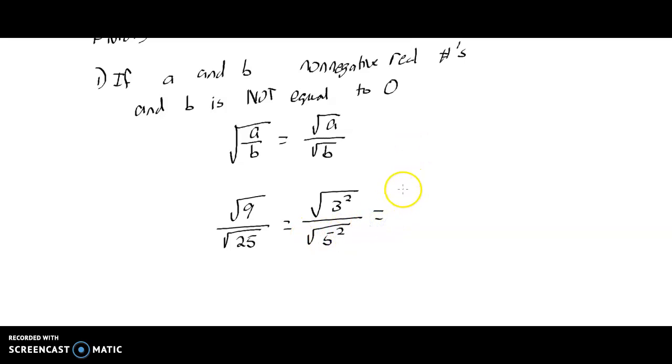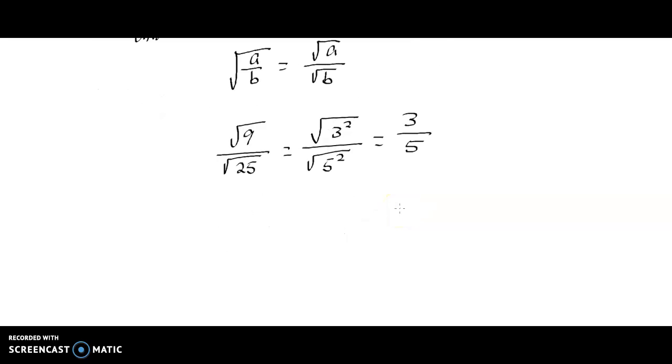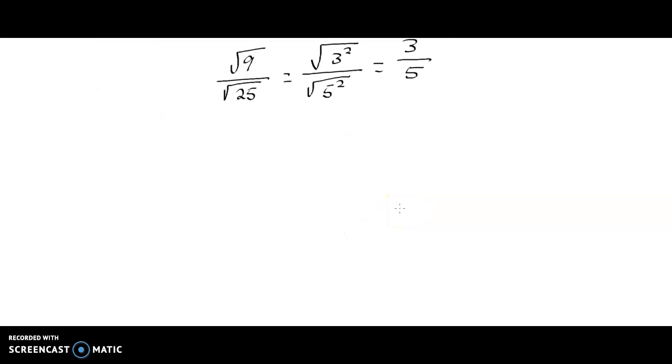So we can simplify this to be 3 over 5. So we don't have to do any work to get rid of the root sign in the denominator.